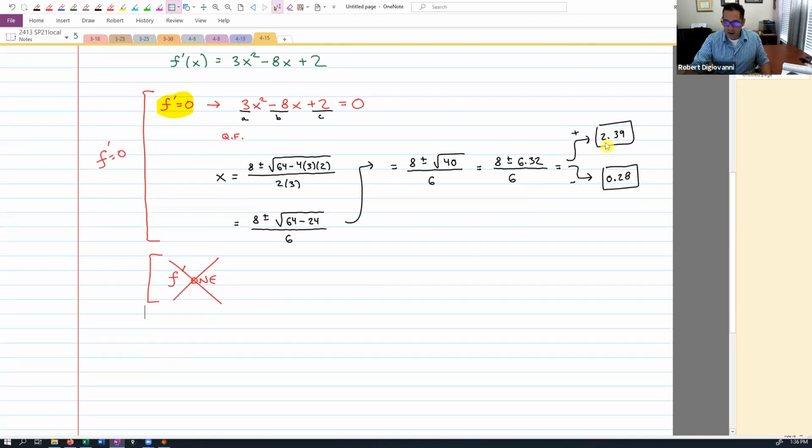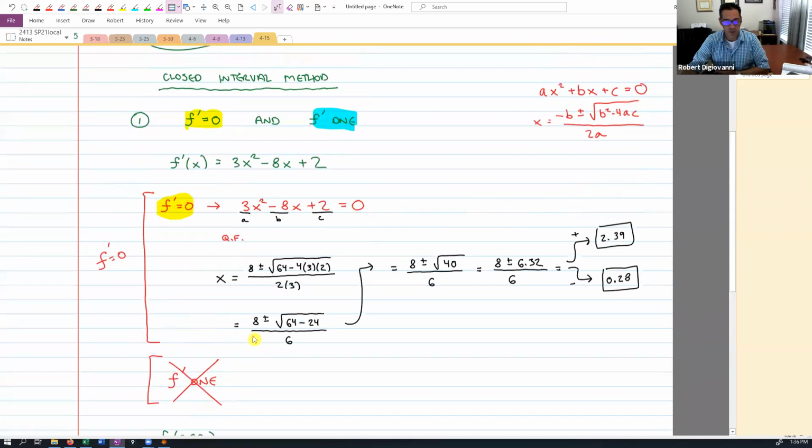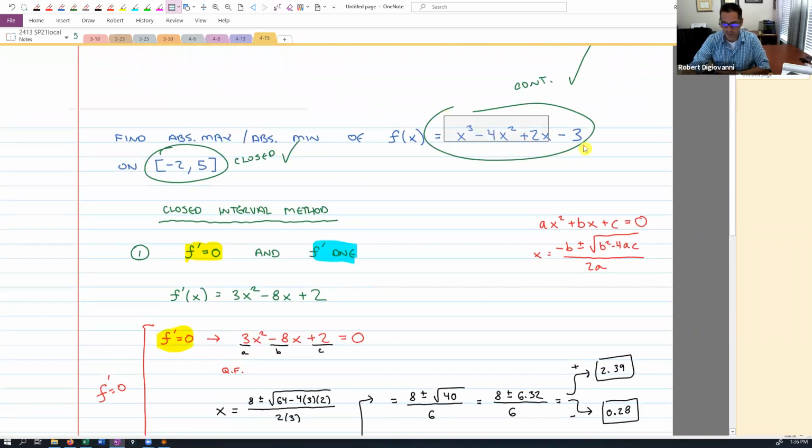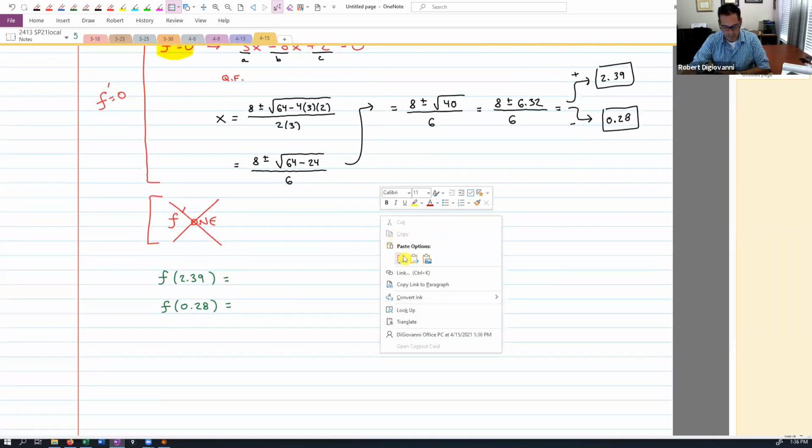So now that I only have these two critical numbers, what I do now is I take those values, 2.39, and I take the value of 0.28, and I plug those into the original function, which was up here. I'm going to bring it down here so I can reference it.